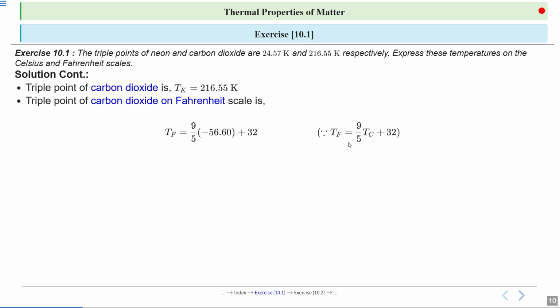All right. So solving this expression, the triple point of carbon dioxide on the Fahrenheit scale will be minus 101.88 plus 32. So solving this, you will get minus 69.88 degrees Fahrenheit. All right.